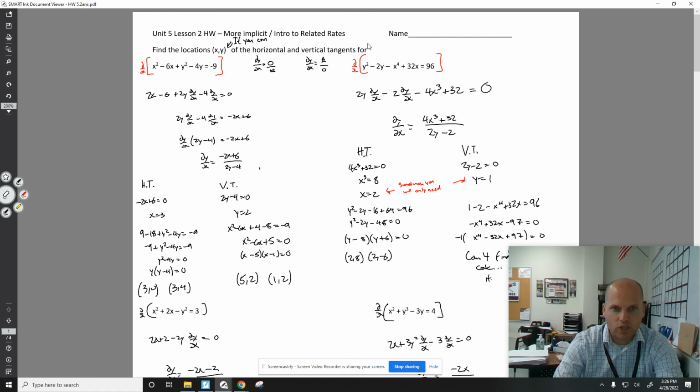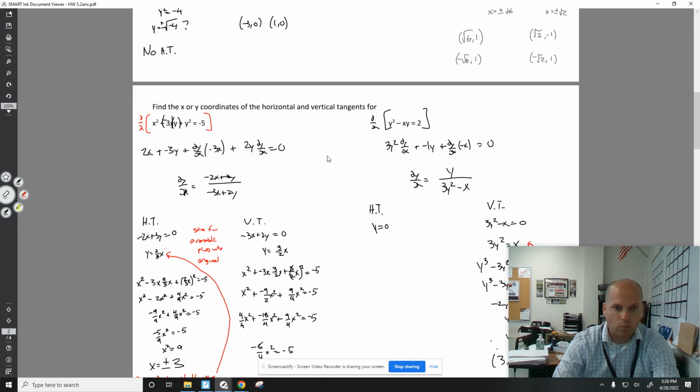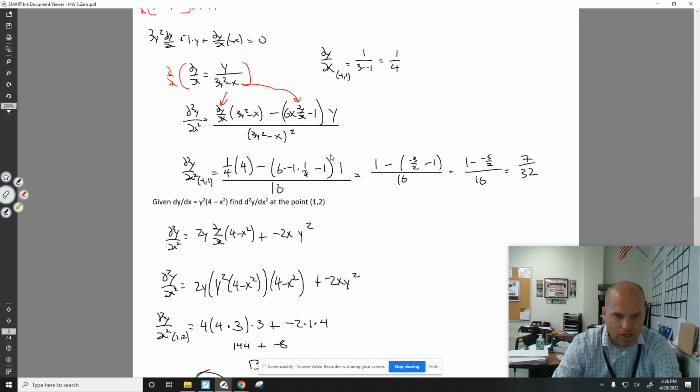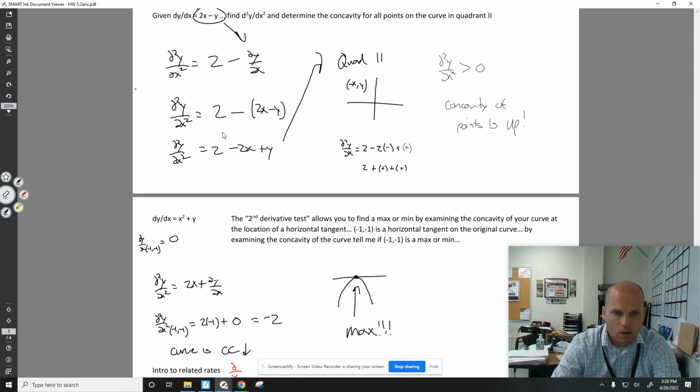We were finding horizontal and vertical tangents of implicit curves. We were practicing derivatives. If you want practice on implicit derivatives, here we go. 5.2 homework. We had these questions here.